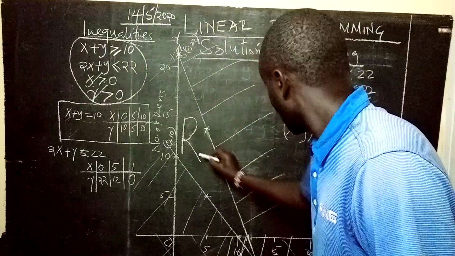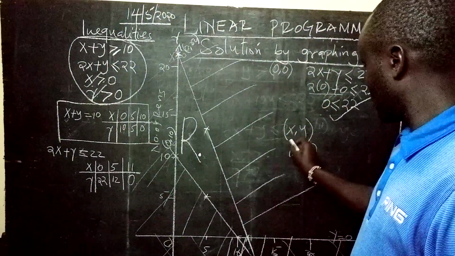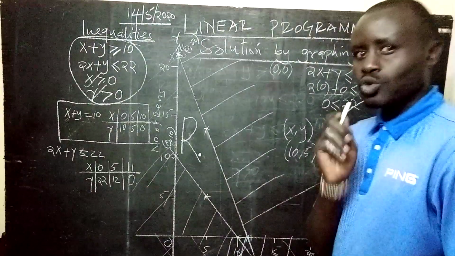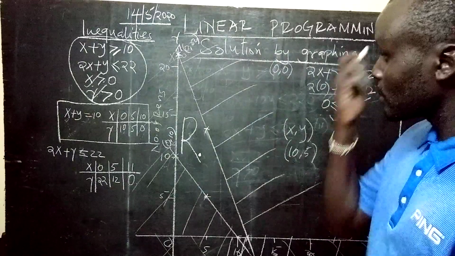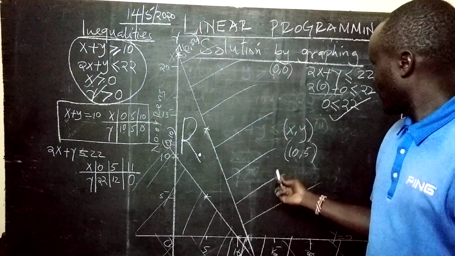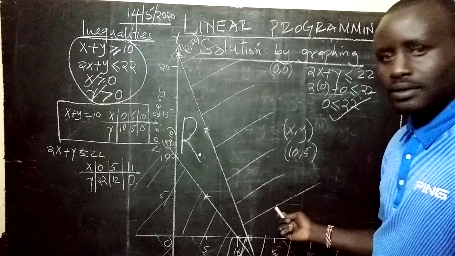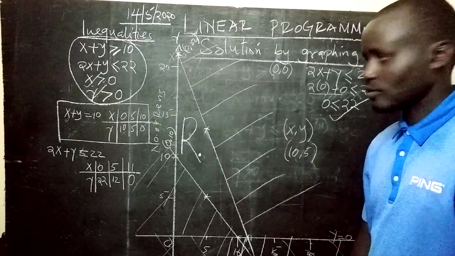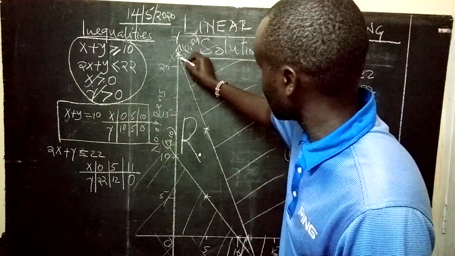I'm going to assume that point as 10, 5. It means with 220 shillings that this student had, the student can buy 10 books and 5 pens.